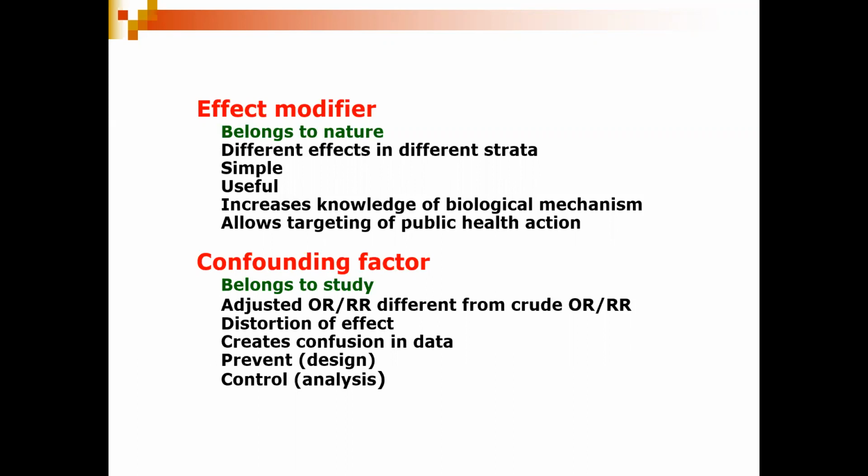Then what is a confounding factor? A confounding factor belongs to the study and is part of the study. That's the difference between the two. This is a variable within your study which is affecting the relationship between your outcome and your exposure. As I said, we're going to discuss an example.